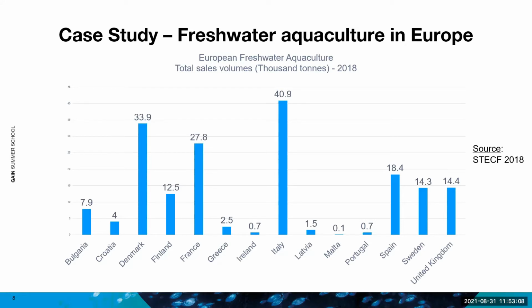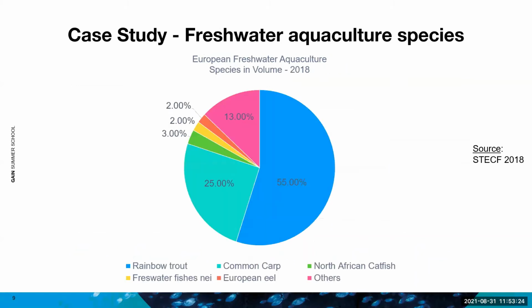I reported here its importance in terms of total sales volumes for the various countries, and you see that Italy is the first producer in terms of volumes. The species, mainly rainbow trout and common carp, are the two case studies of the GAME project.